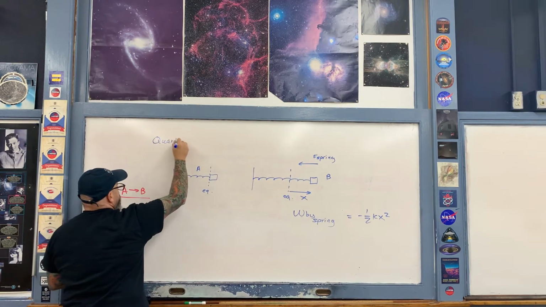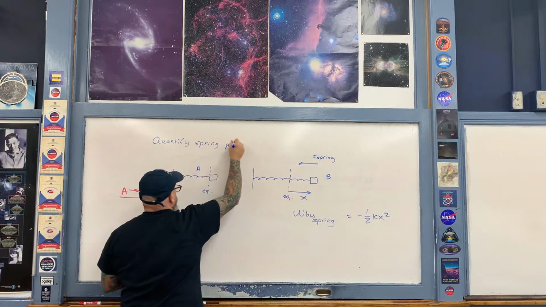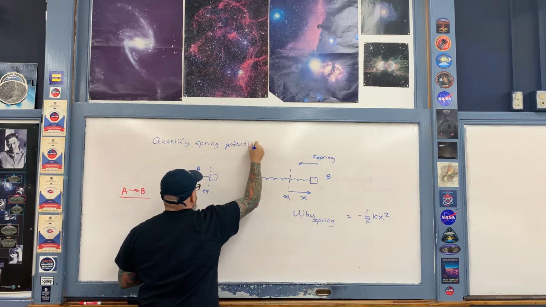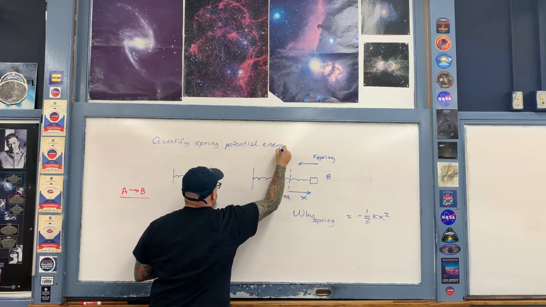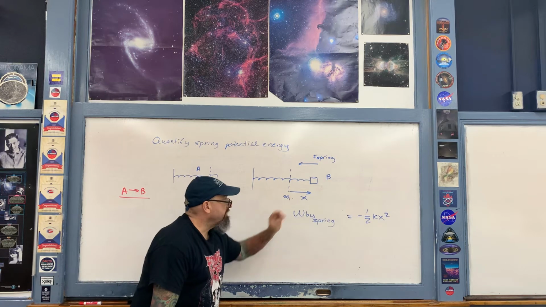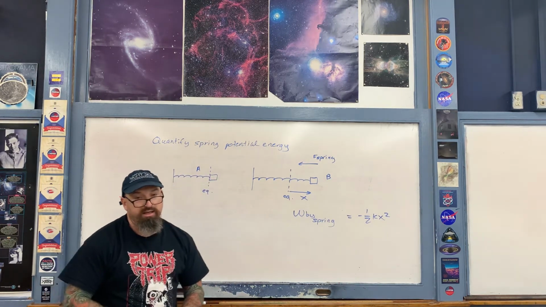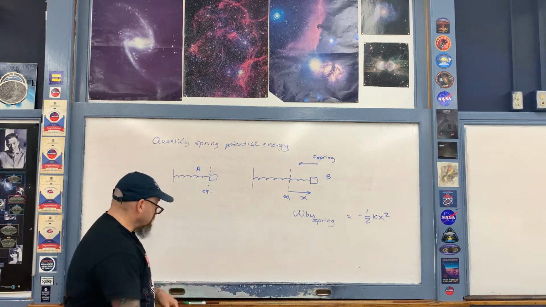Here's how we quantify spring potential energy. Okay, so when stretching out a spring from position A to B, the work done by the spring force, as we just calculated, is negative 1/2 kx squared.